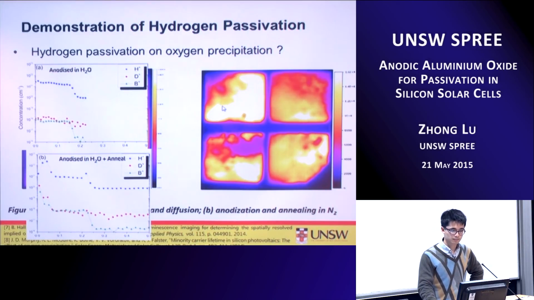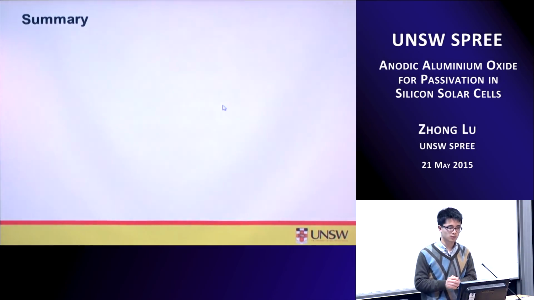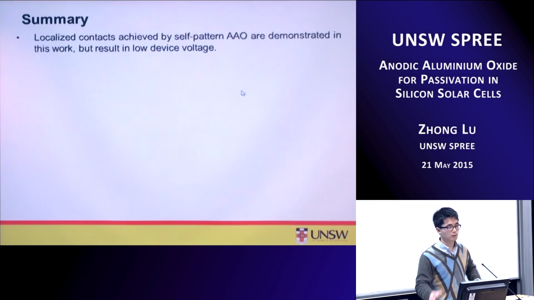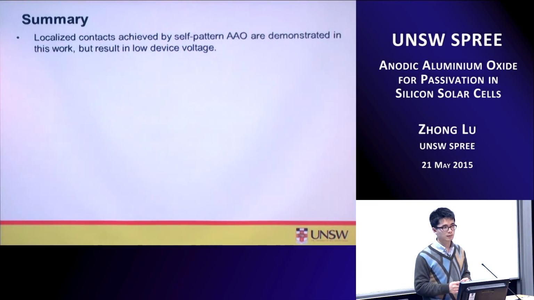All right, that's almost everything. I'll give a brief summary of my key findings. First of all, in my early research, I achieved the localized contact using the self-patterned AO as a template, and we are able to get very good contact with low contact resistance and a reliable device.